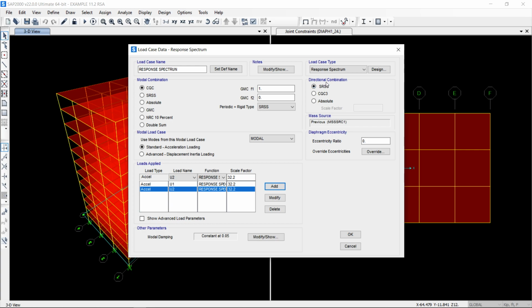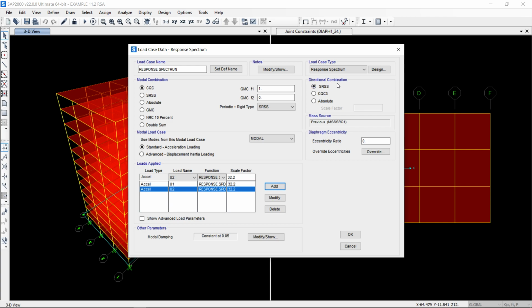Now directional combination, here the choices are SRSS and CQC3. Here the preferred option is SRSS. Why? SRSS means square root of the sum of squares.